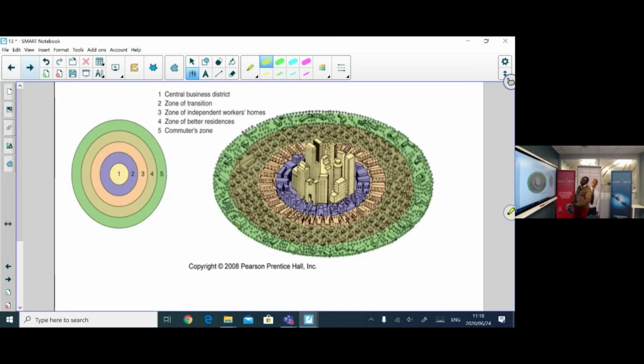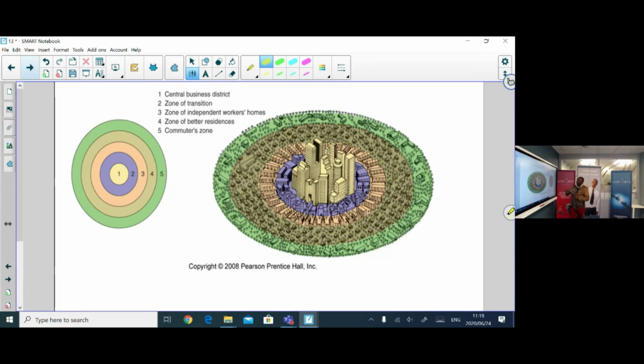Right, we do have a 3D image that shows our concentric model, and on the 3D, you find that the center here, which is number 1, is the Central Business District. We have the tall buildings, which is the most expensive land use, or the most expensive property according to this model.